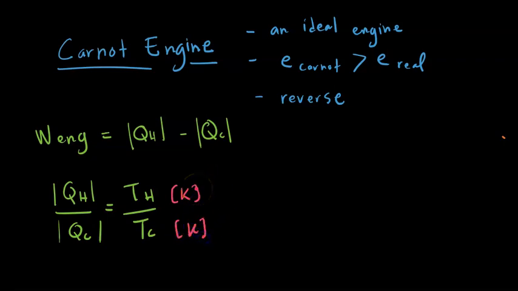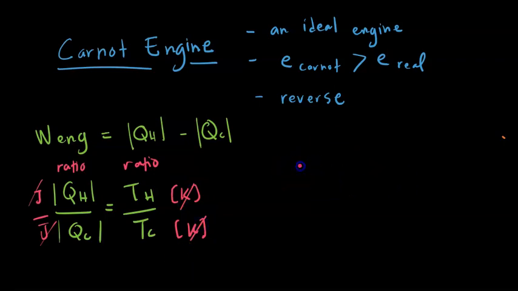And you're asking me, Doctor, how can joules equal Kelvin, right? Okay, I hear you. The relationship is between this ratio and this ratio. This is joules over joules, which cancels out. This is Kelvin over Kelvin, which cancels out. So this is how they can be equal.